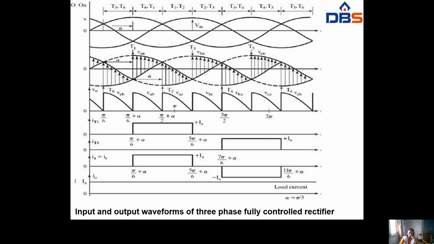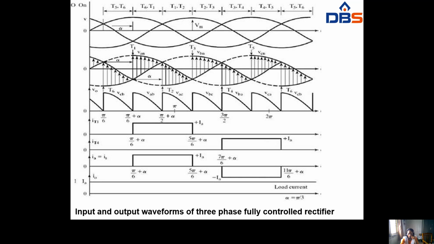Now the thyristor current, IT1, IT3. Here from pi by 6 plus alpha to 5 pi by 6 plus alpha, the IT1 current will be there, and the IT4 current will be from 5 pi by 6 plus alpha to 2 pi plus alpha.